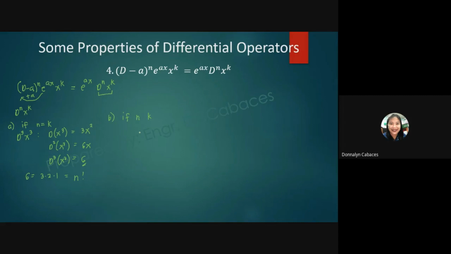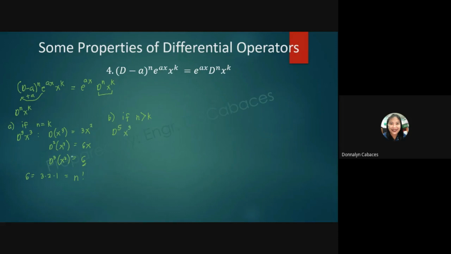The second case is what if n is greater than k? Say, what is the fifth derivative of x cubed?